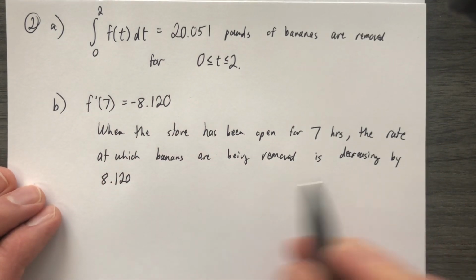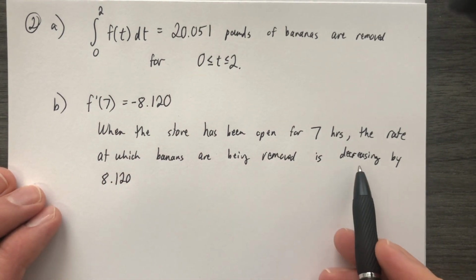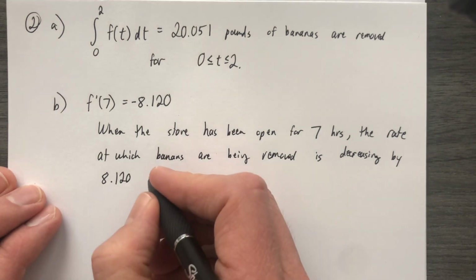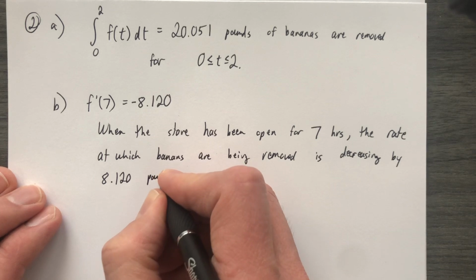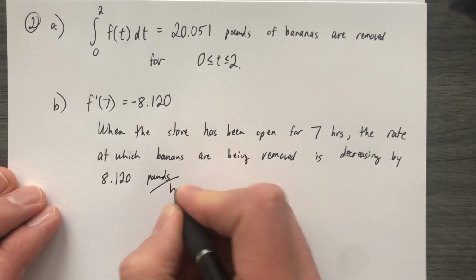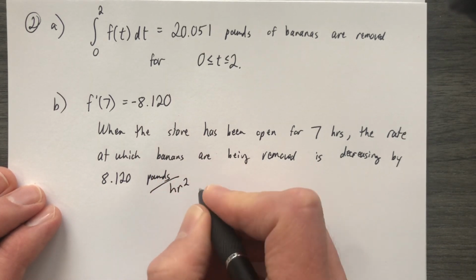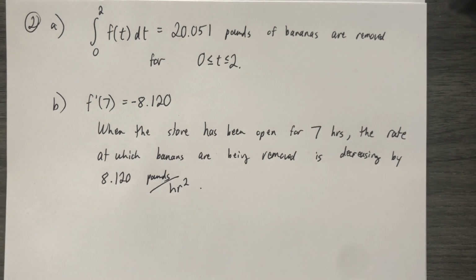Now, I don't want to say decreasing by a negative because I've already built the negative into the wording. Okay? 8.120 pounds per hour, I'm going to call it pounds per hour squared. The rate at which the bananas are being removed is decreasing by this rate right here.